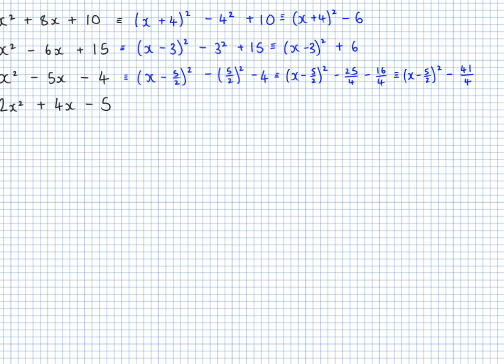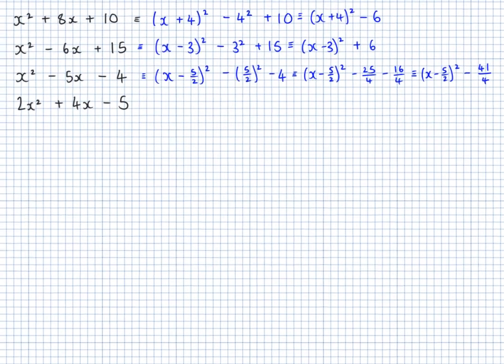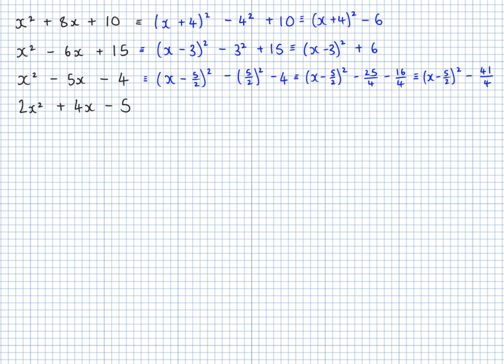Okay, so we've completed the square here. So our expression was x squared take away 5x take away 4, and we've completed the square for this, and our answer here is x take away 5 over 2 squared, take away 41 over 4.